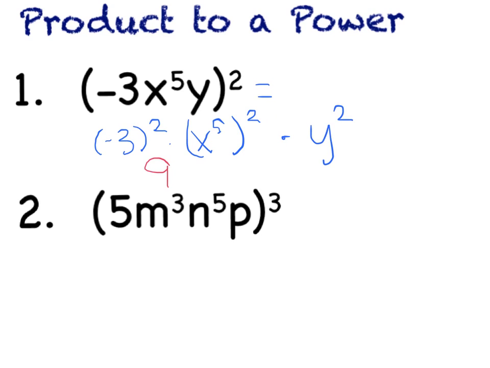When I'm doing a power to a power, I multiply my exponents, so that's going to give me x to the power of 10. And then y is just hanging out over here. I'm not doing too much with it because there wasn't more than one exponent, so I'm just going to bring y squared down. So my final answer is 9x to the 10th, y to the 2nd power.